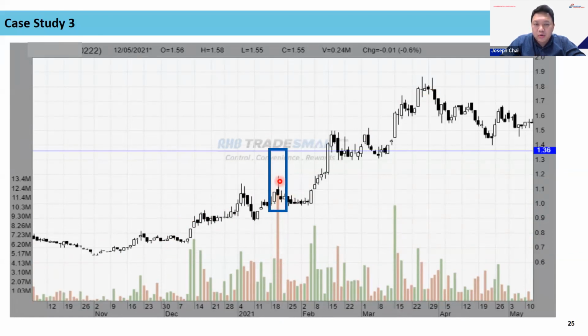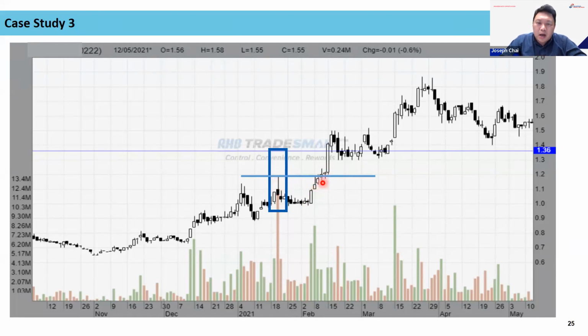Even the shadow, I look at the highest shadow and draw one horizontal line over here. So when the share price breaks the highest shadow, even though the next candle is not a white candle, it is another smaller shooting star, but it closed above the shadow here.